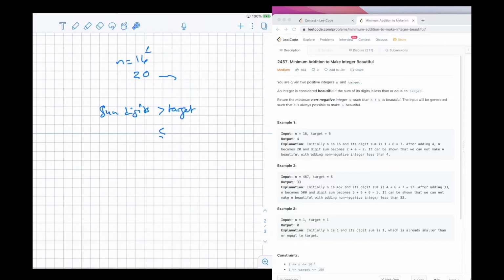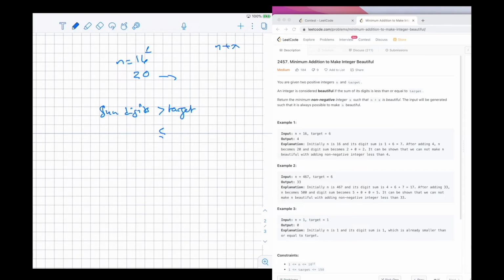So what we are trying to do is make this one bigger, but completely cancel this out to be 0. And so that's why our greedy strategy here is to always try to make the rightmost digits 0, and then make the first one bigger, because what we are doing is n plus x, right?